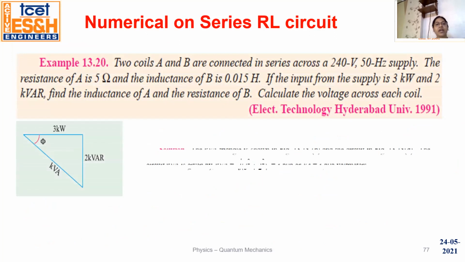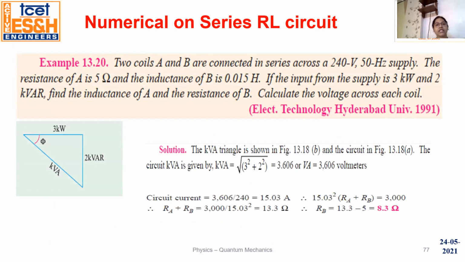Now the next numerical. See what they ask. Two coils A and B are connected in series. Two coils means one inductance with one resistance makes one coil.